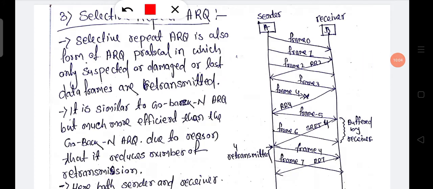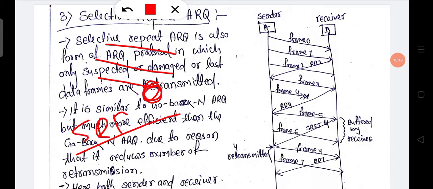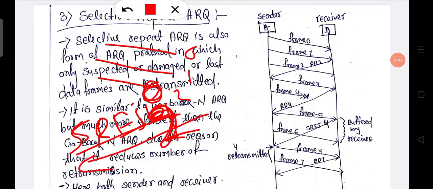Here, if 3 frames are transmitted and the second frame gets an error, then after getting the selective reject, SREJ, with the number of the error frame, which is 2 here, the sender resends only frame 2.